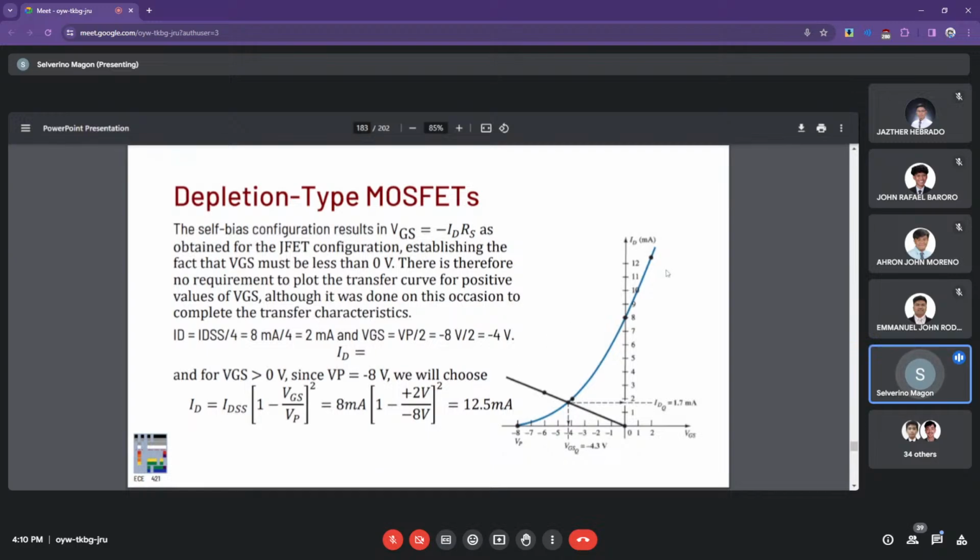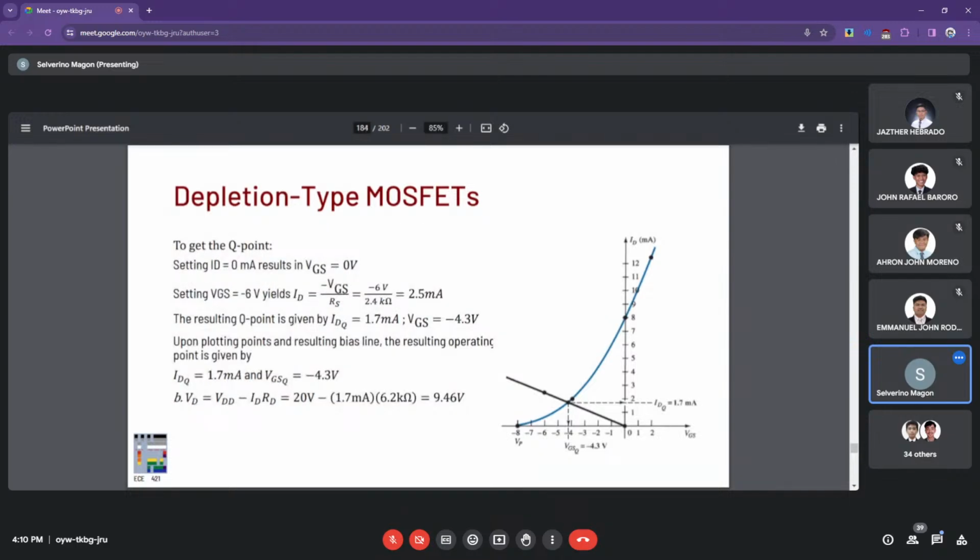And the drain current at that point will be 12.5 milliamps. So again, that's in the case of VGS greater than 0. To get to the Q point, we set the drain current at 0, and the result is that VGS is also equal to 0.